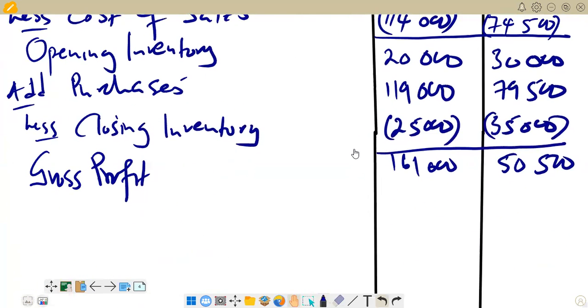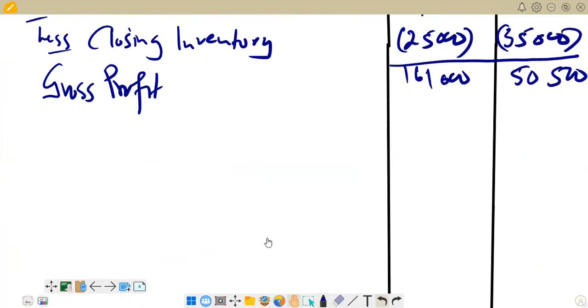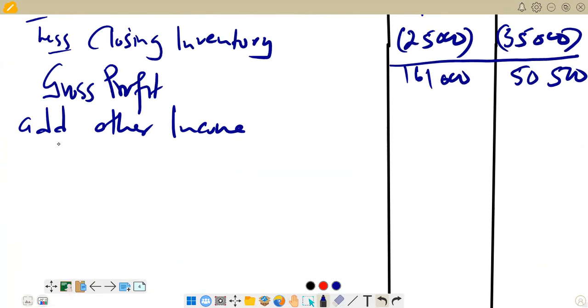Then after that, now obviously we are going to the add other income section. So we are saying here, add other income. We are looking for other incomes. We might have rent income, commission receipts, and other items of income that might come under that, depending on the question. So we go back to check which income do we have.